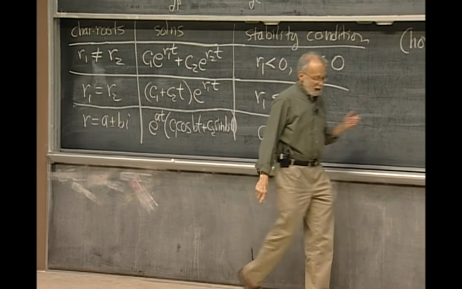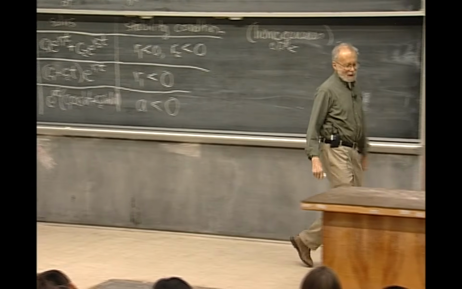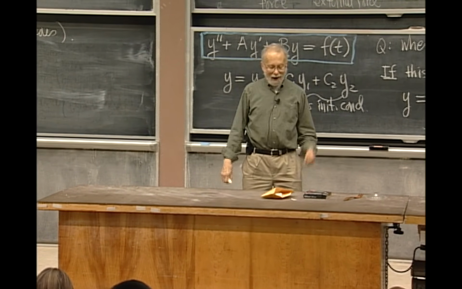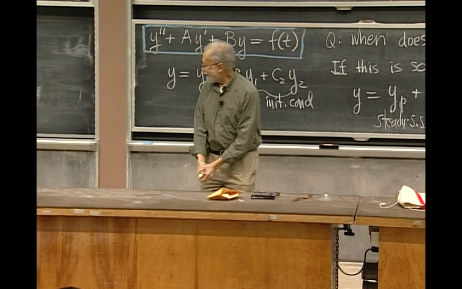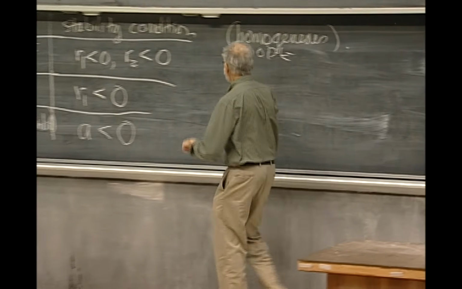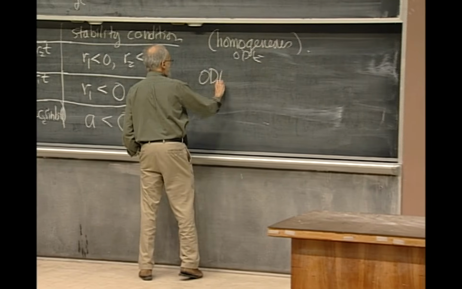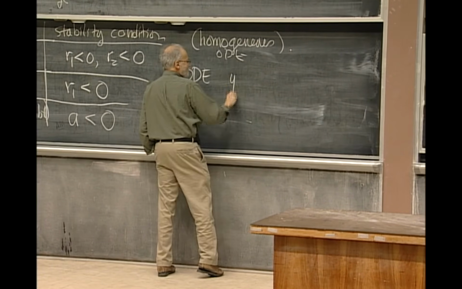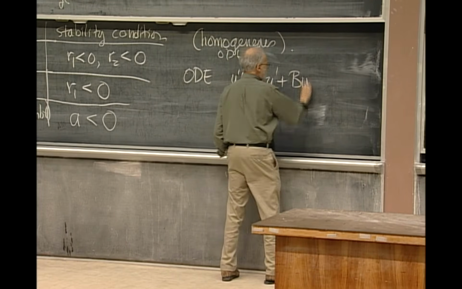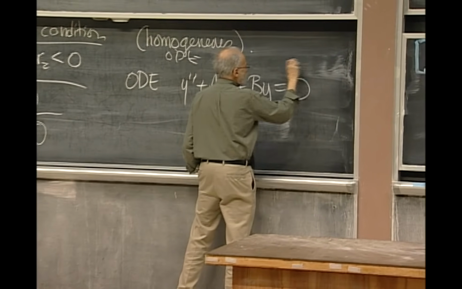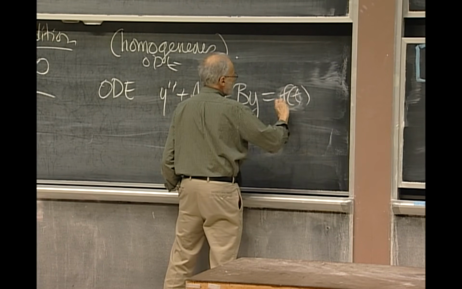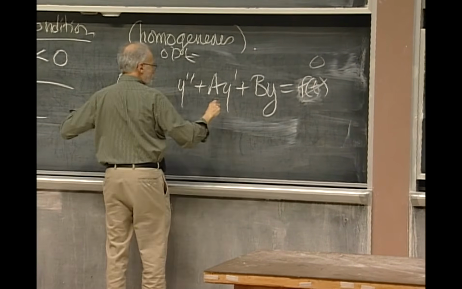And now the only thing left to do is to say it nicely. I've got three cases, and I want to say them all in one breath. So the stability condition is, so the ODE is stable. So this is, or f of t, it doesn't matter. But psychologically, you can put this zero there.